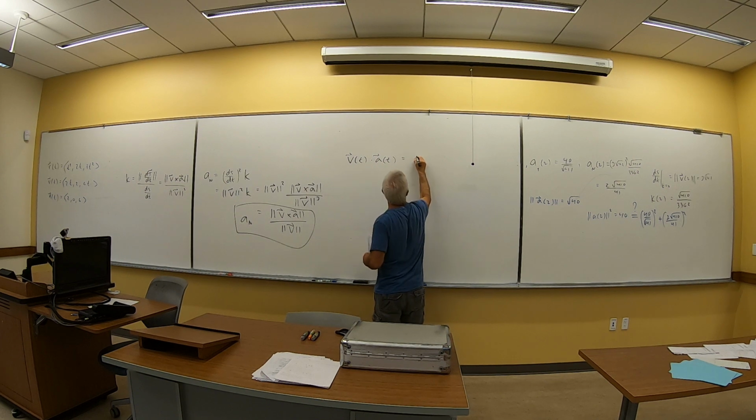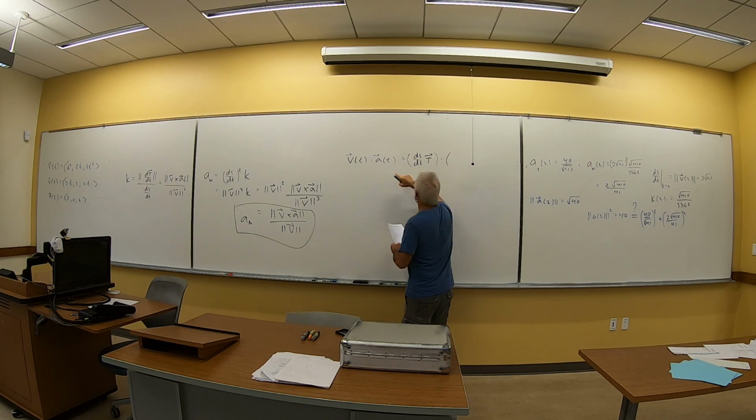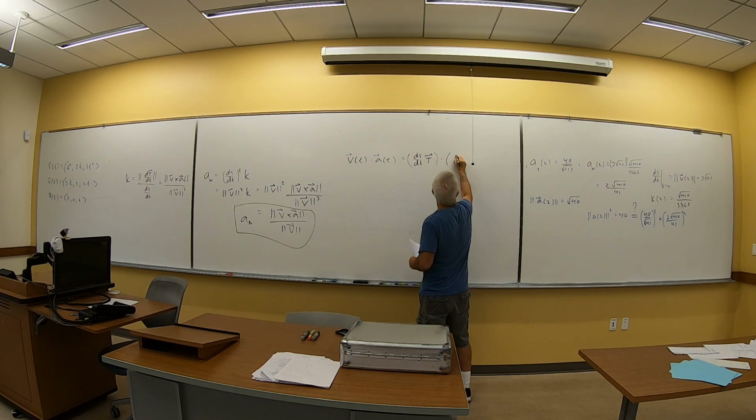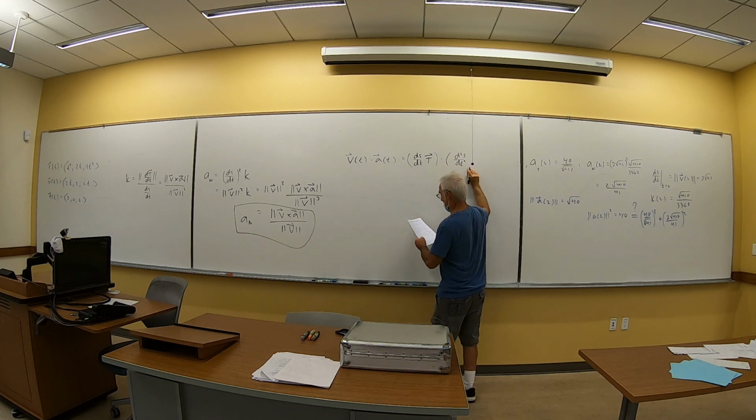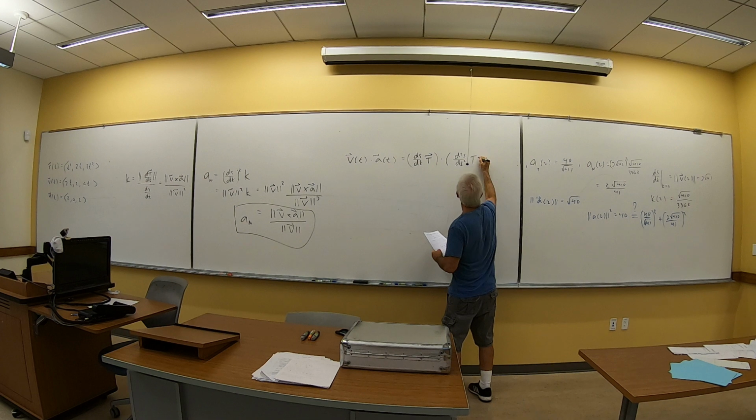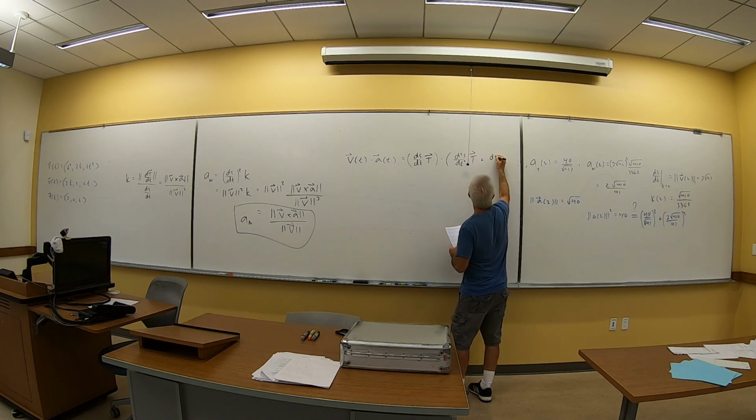In other words, let's use the ds/dt T dotted with d squared s/dt squared T plus (ds/dt) quantity squared kappa N.